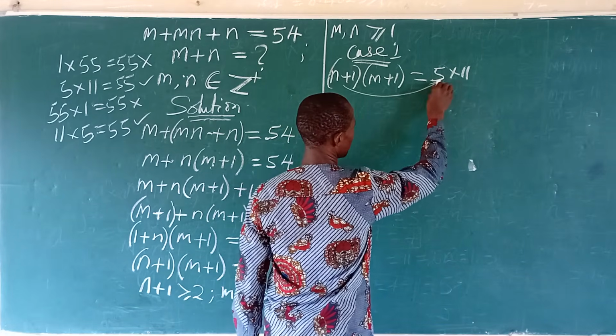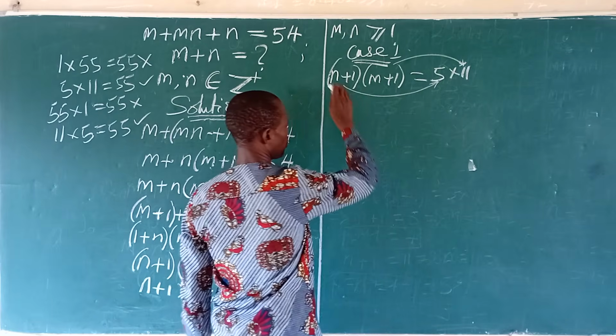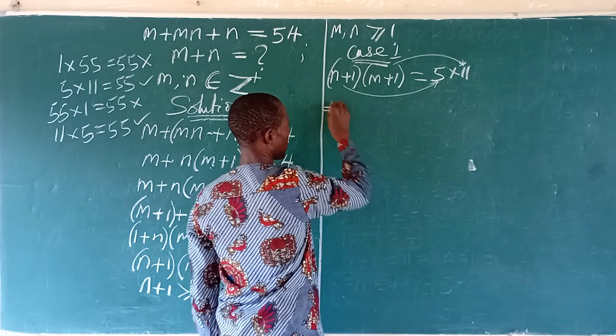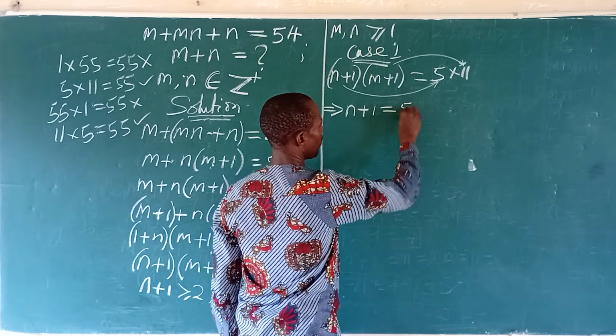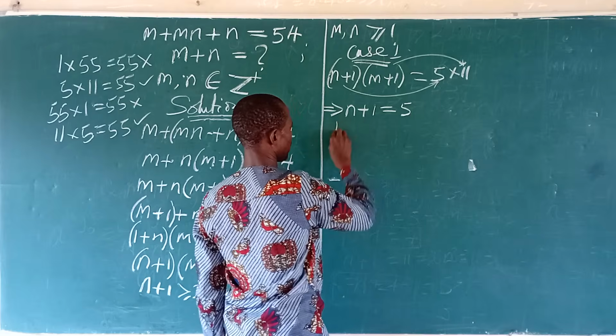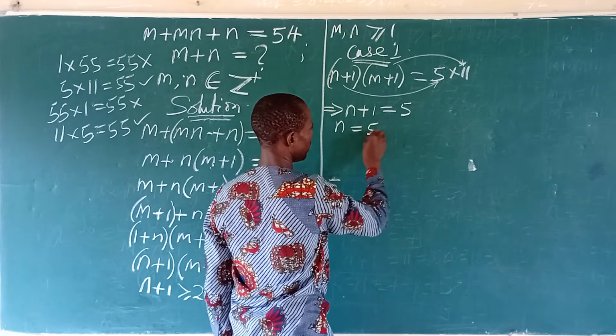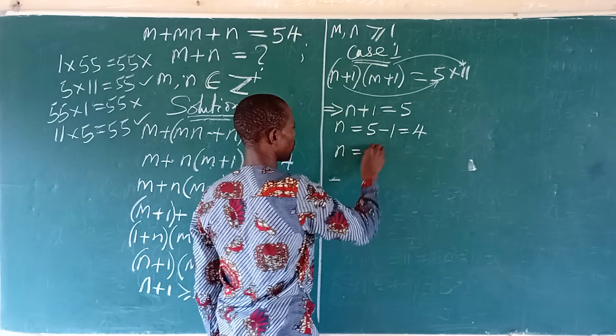So we're taking this to this to this. So if it is true, this now implies that n plus 1 is equal to 5. So what happened? We send this to this side, so we have n equals 5 minus 1, which is equal to 4. So we have n is equal to 4.